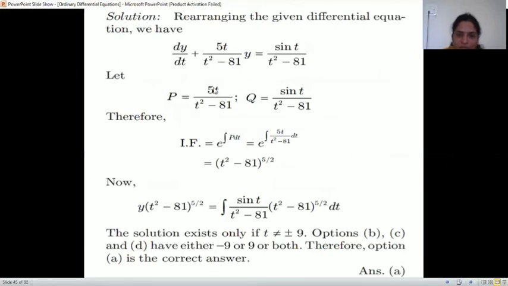So p is this and q is sin t upon t square minus 81. So we know the integrating factor is e raised to integration p. So it is 5t upon t square minus 81 dt integration. If it is 2t here, that is e raised to log of the denominator, right? So we have to multiply by 2 and divide by 2, and 5 is already there. So it is 5 by 2 log of t square minus 81.